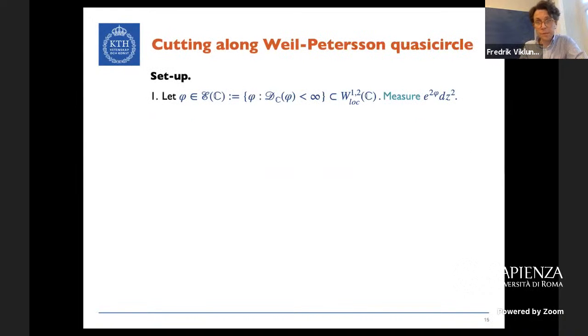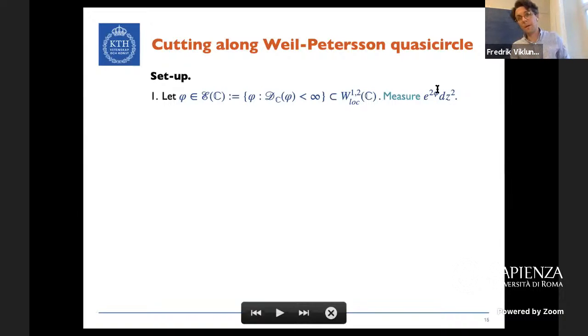Here's the setup. I consider a function phi on the plane with finite Dirichlet energy. Then one can check that it's possible to associate a locally finite measure with such a function.